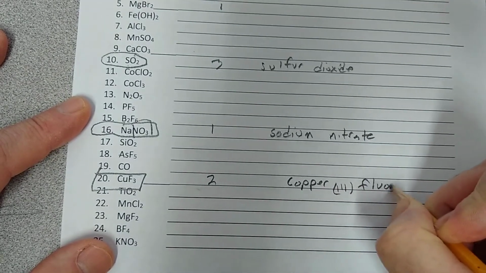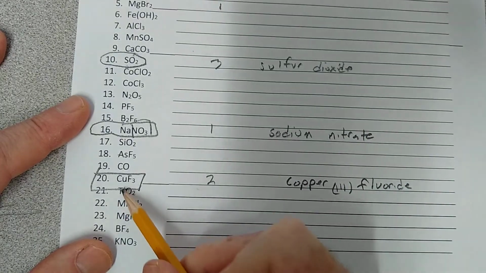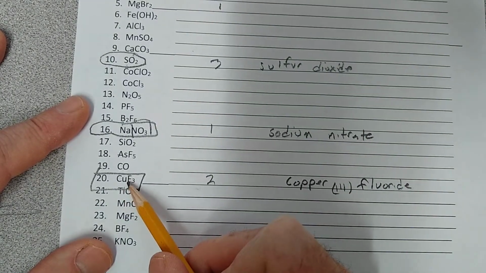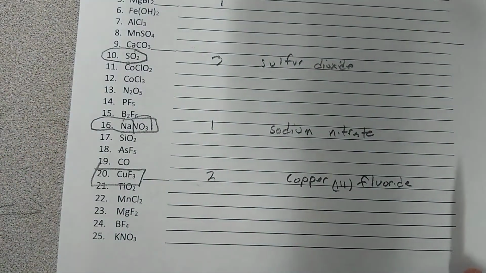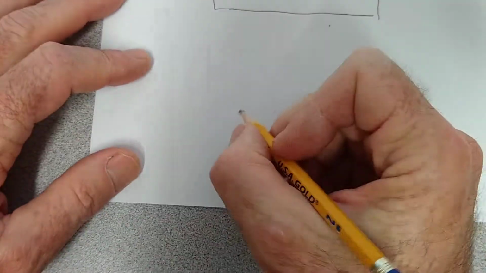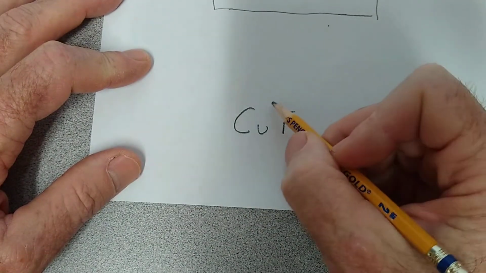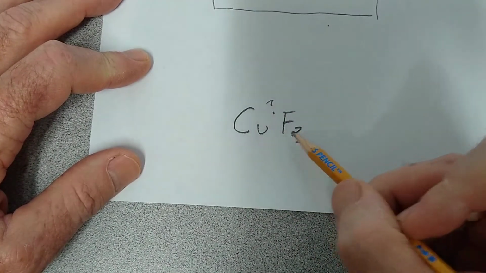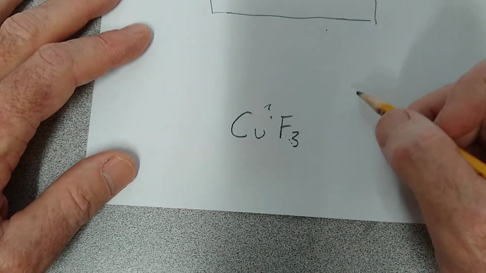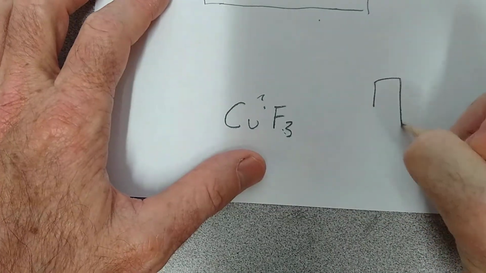fluoride. Now, many of you are asking how to do these, and we've covered it in the past, but I want to just do it because I know what kids typically miss. CuF3. We don't know the charge of this, but we do know the charge of the fluorine. So we just draw cards like we're playing our card game.